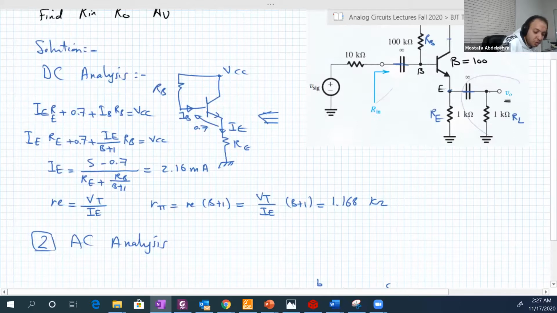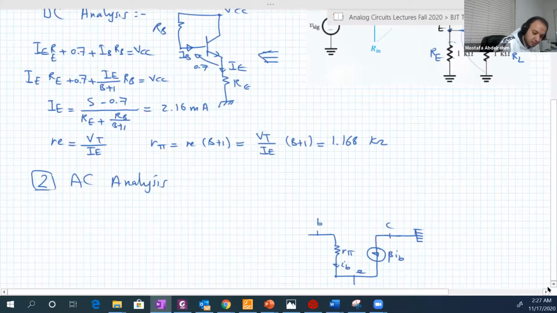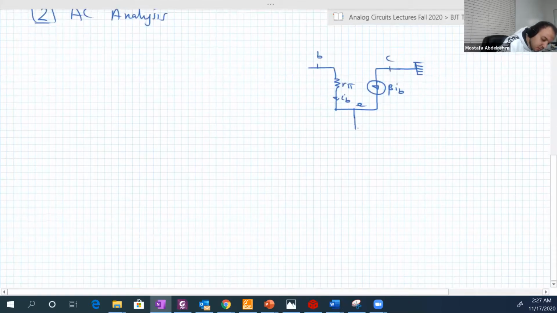The emitter is connected to the ground through two resistances, RL and RE, because now this is shorted, so this will be in parallel with this. R load, RE.